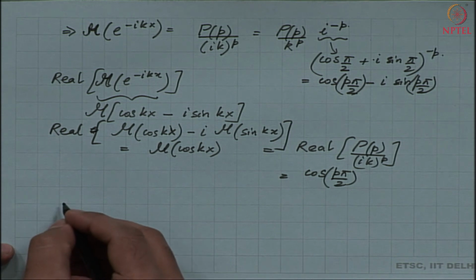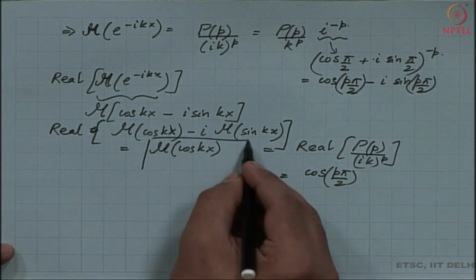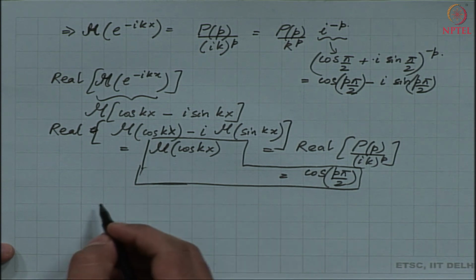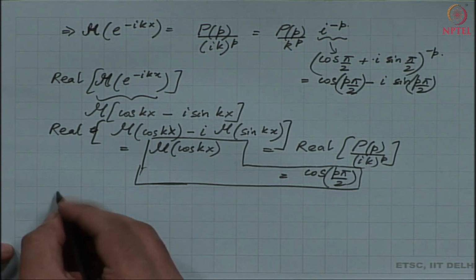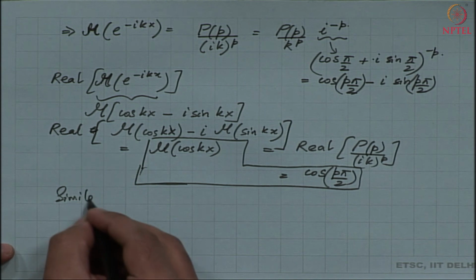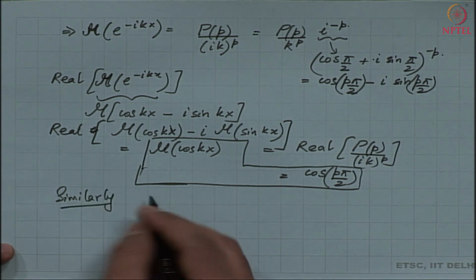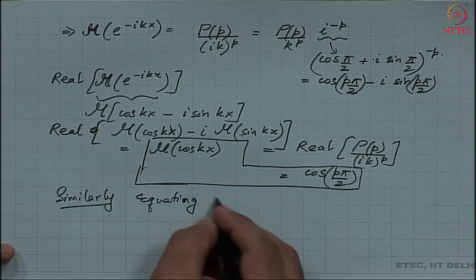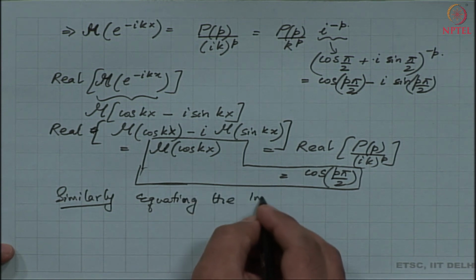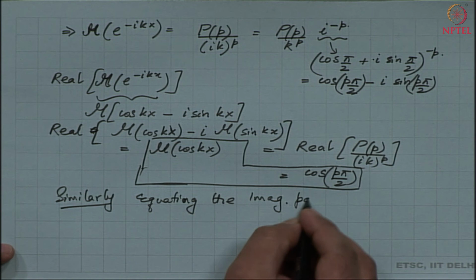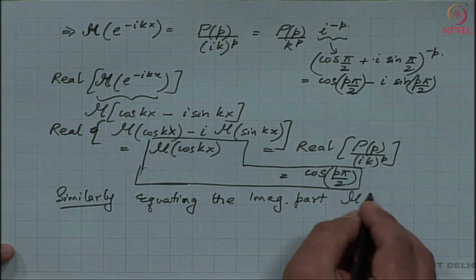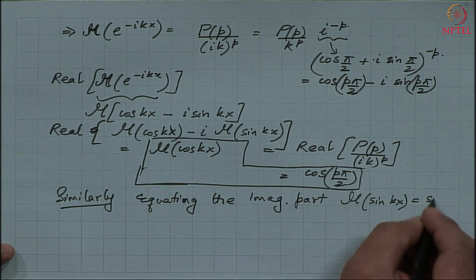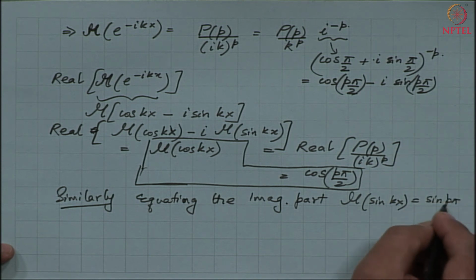So, I get the Mellin transform of cos k x. And similarly, equating the imaginary part, I get that my Mellin transform of sin k x is equal to gamma of p over k to the power p times sin p pi by 2.